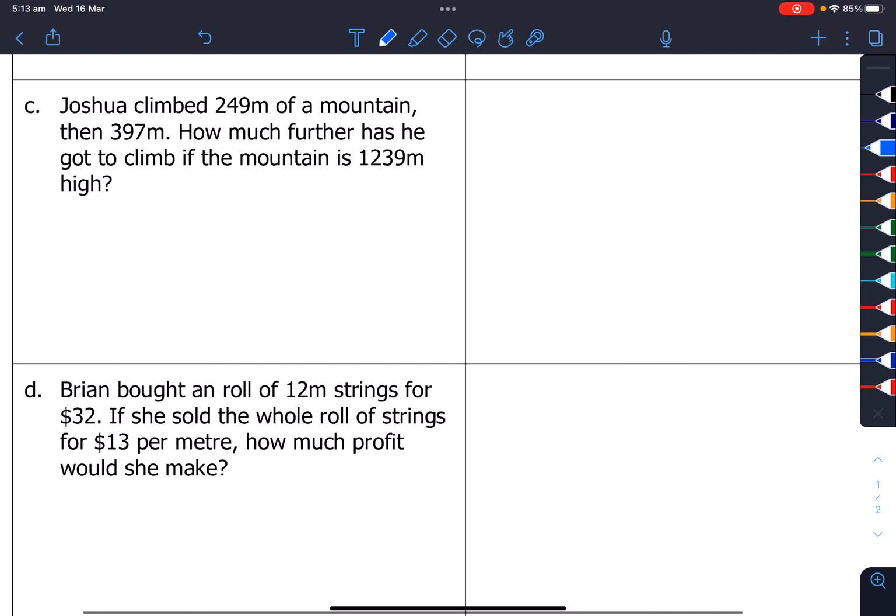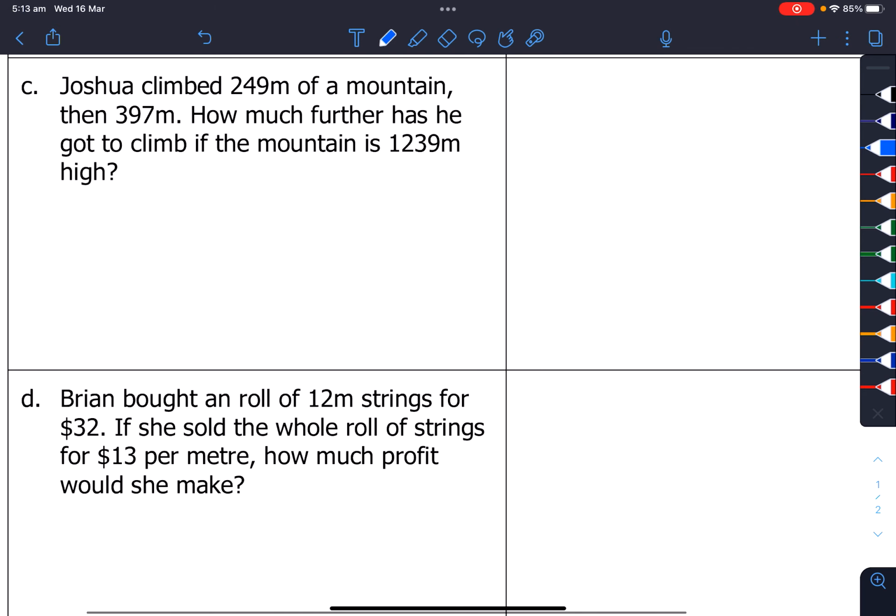C. Joshua climbed 249 meters of a mountain, then 397 meters. How much further has he got to climb if the mountain is 1,239 meters high?